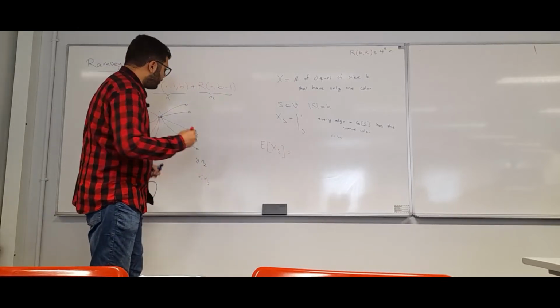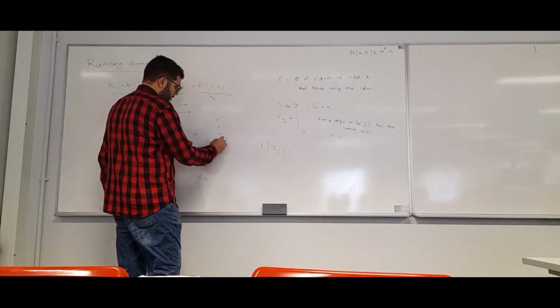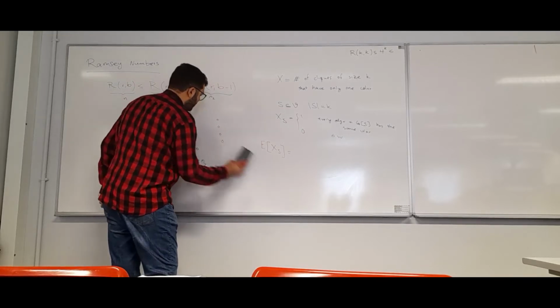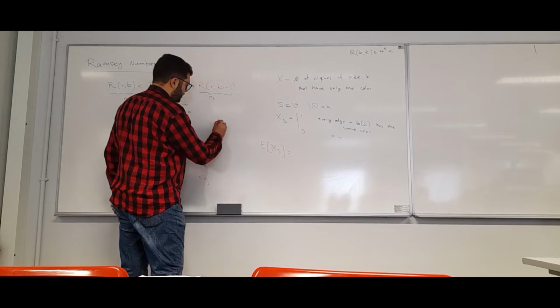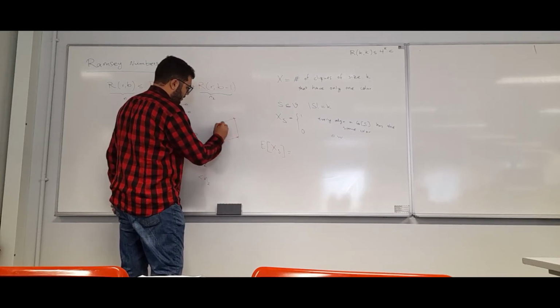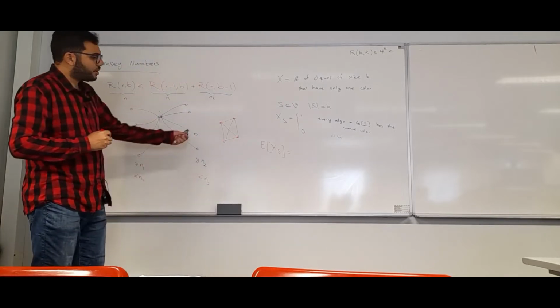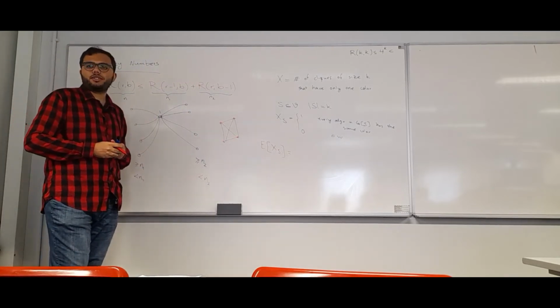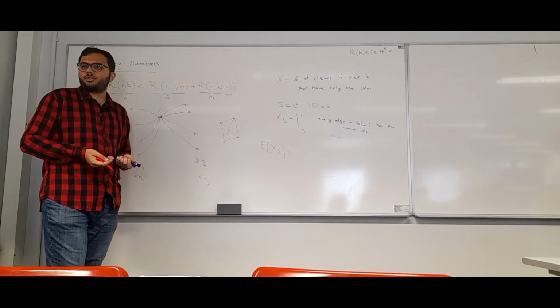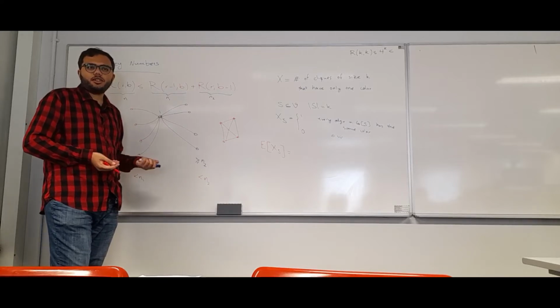Okay, so I have k vertices in S. These are my k vertices. And I have edges between every pair of them. But I want all of these edges to have the same color. So I have two choices. I can either color these edges blue, or I can color all of them red.